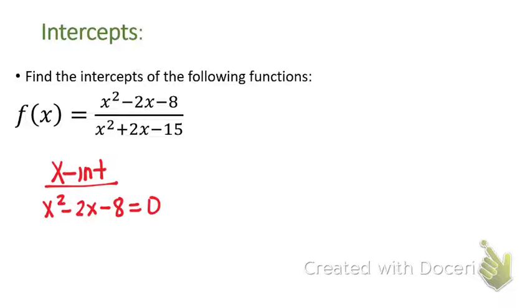So you need two numbers that multiply to be -8 and add to -2. So that's going to factor down to x minus 4 and x plus 2.